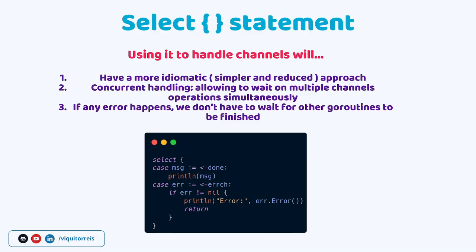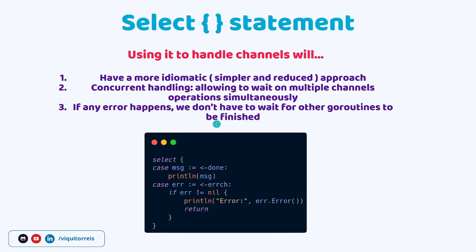So using the select statement will help us to have more performant and easier to understand code. When an error occurs, it will be returned immediately, so we don't have to wait for all other goroutines to finish. And that's amazing. This is a powerful feature from Golang, right?